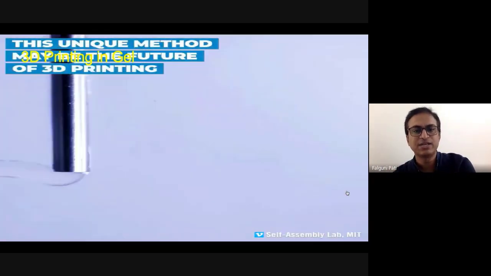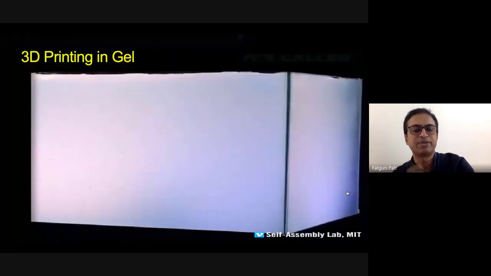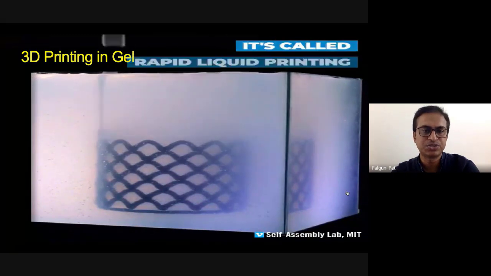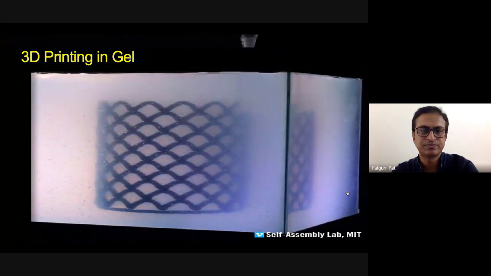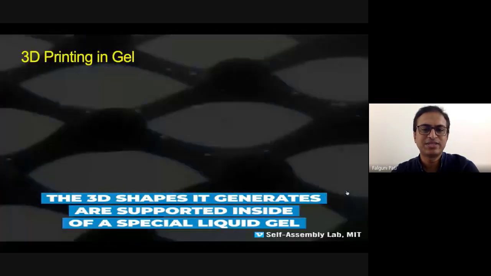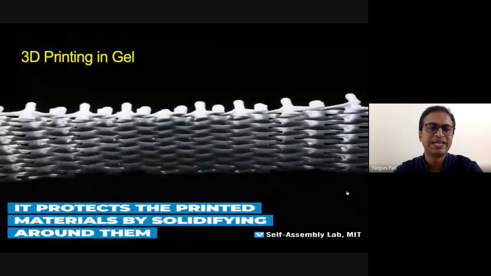The gel is supporting the material, holding it in place. Again, any kind of geometry can be used, and then that can be taken out and used. This is a very good technology for printing any material.